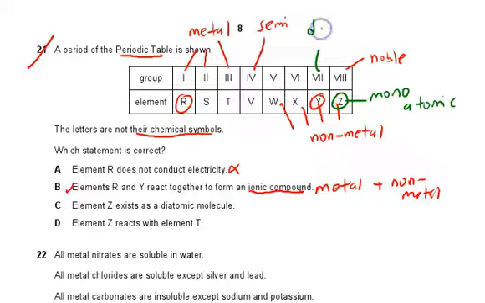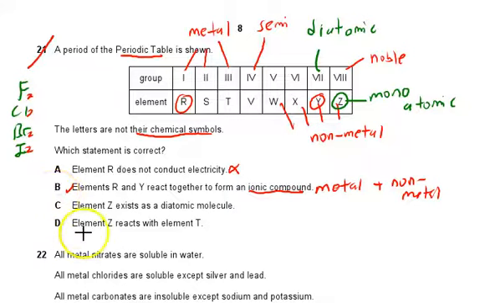This is the diatomic molecule or diatom. If you look at group 17 over here, we have fluorine, chlorine, bromine, and also iodine. All of them will exist as diatoms.